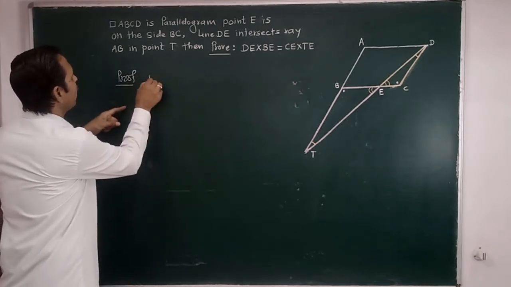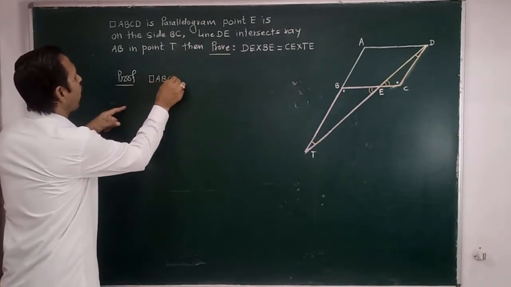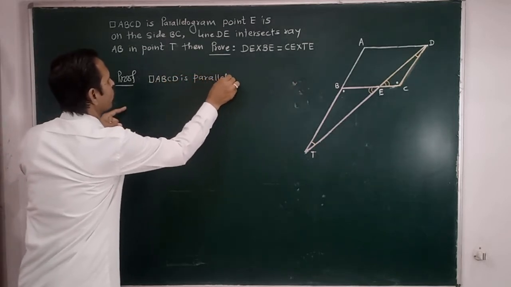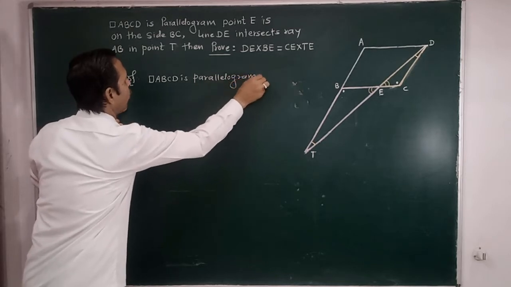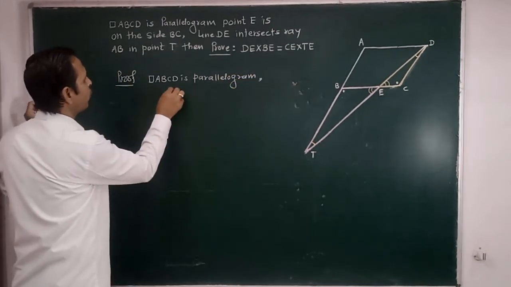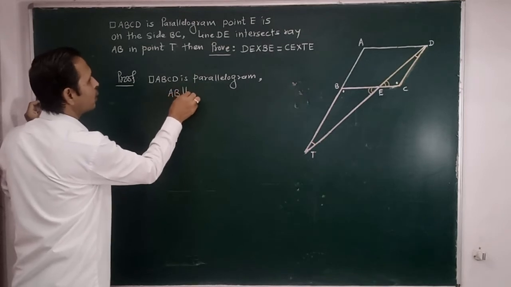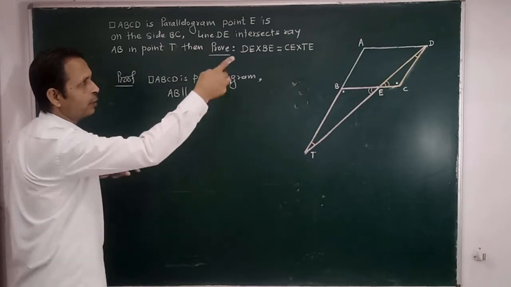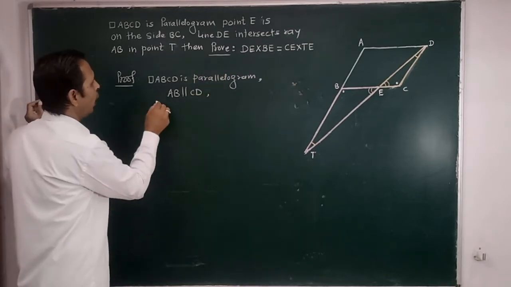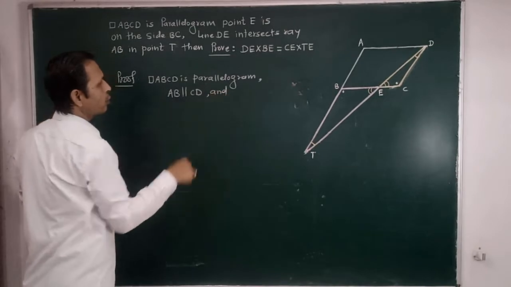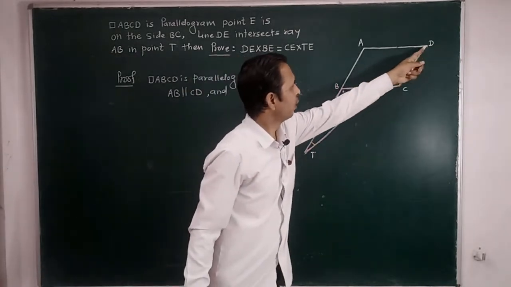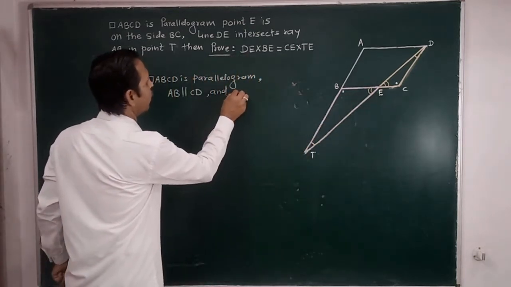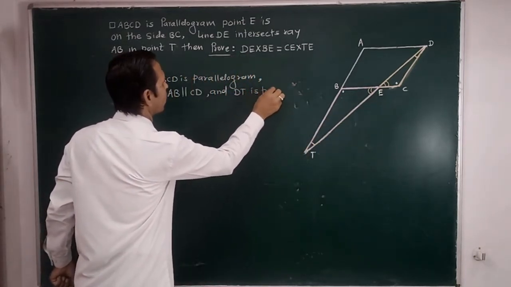First we are given that quadrilateral ABCD is a parallelogram, and when it is a parallelogram, the opposite sides are parallel, means AB is parallel to CD, or we can say that AT is parallel to CD. And which transversal do we take here? Any transversal, DT or BC, and DT is the transversal.